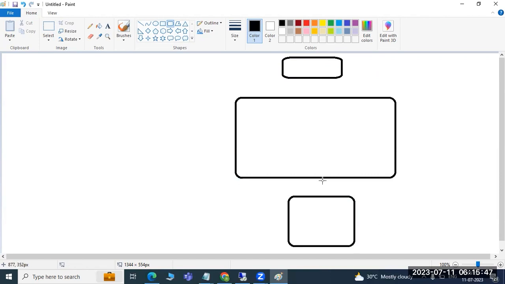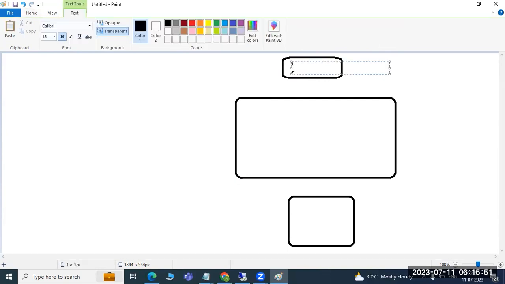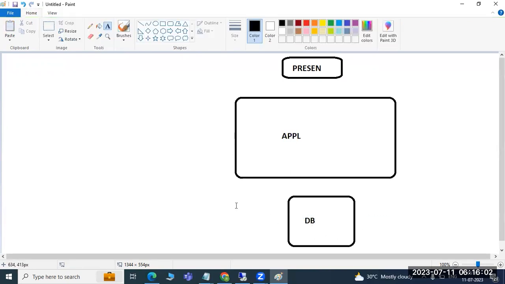The database also they separated, depending upon the business scenario. So this is the presentation layer, this is the application layer, and this is the DB layer. Like that they separated it. Three layers means three-tier architecture.